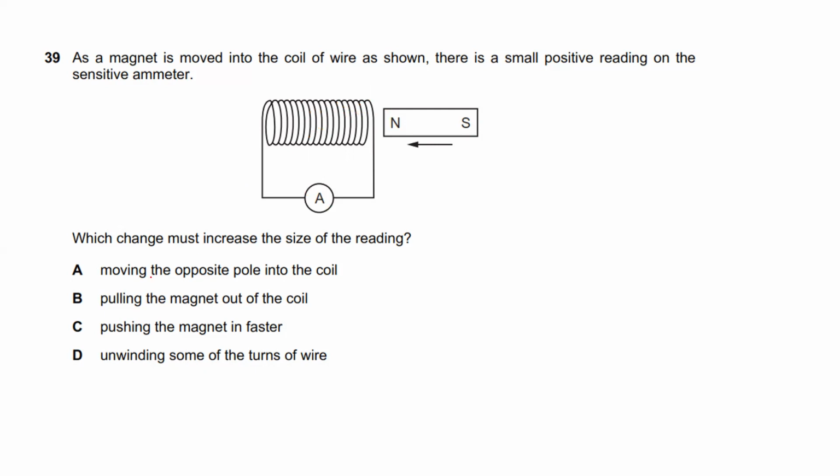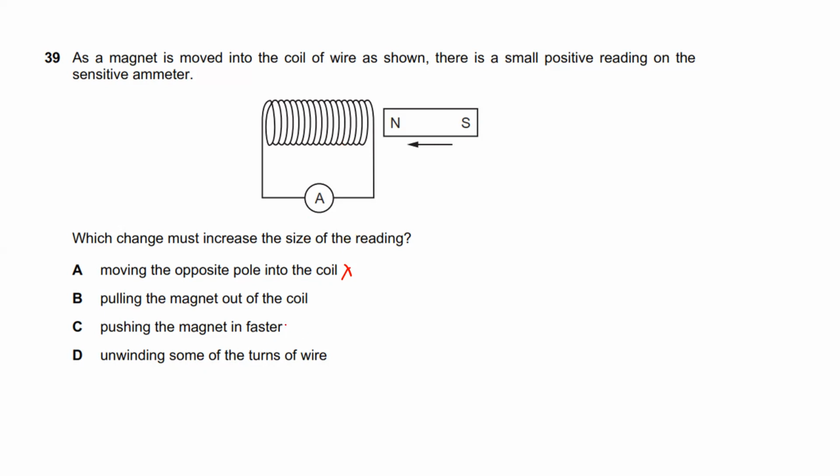So let's see what the options are. Moving the opposite pole toward the coil doesn't affect the size, it will just change the direction of the current. It will not increase the magnitude of the reading. So no. Pulling the magnet out of the coil, again, if we pull it out in the other direction, the direction of the current will change, but not the magnitude or the size of the current.